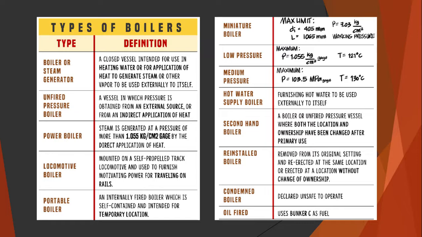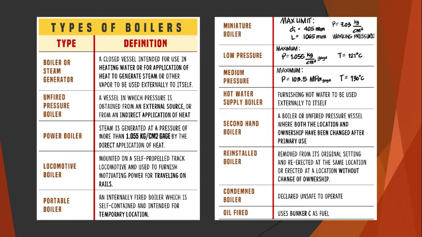So, miniature boiler. It is a power or high temperature water boiler that does not exceed the size and pressure limits specified. So, ang diameter ay 405 mm, length is 1065 mm, ang working pressure limit ay 7.03 kg per centimeter square.